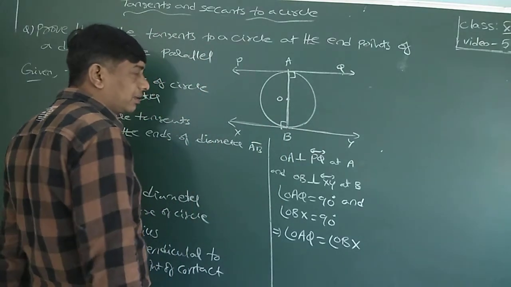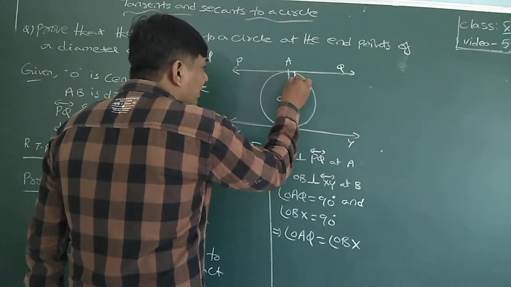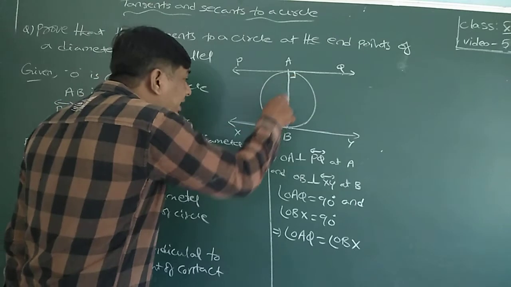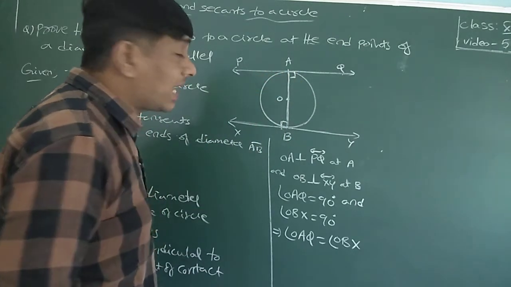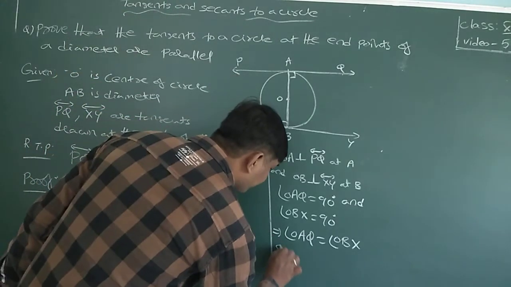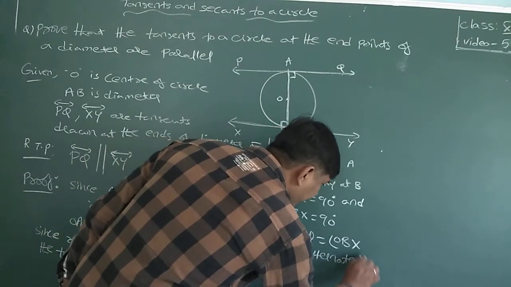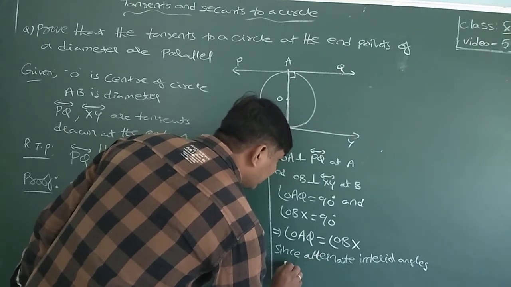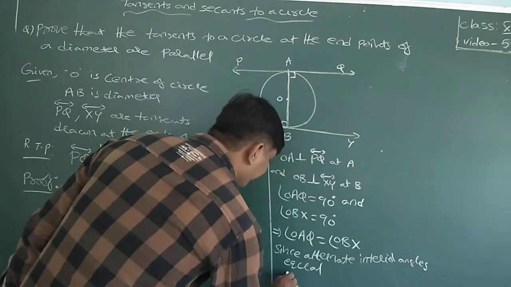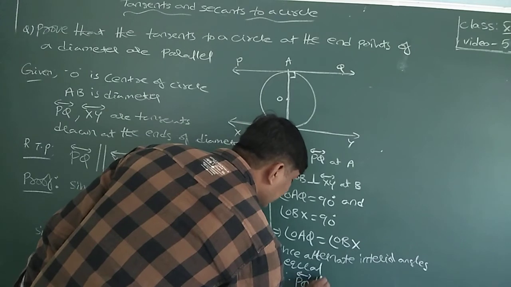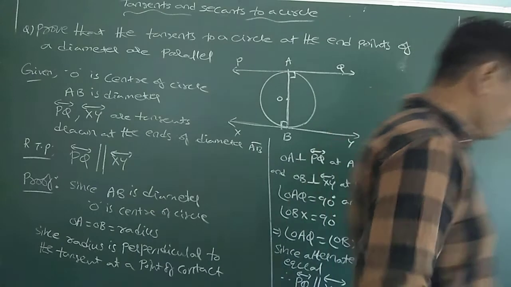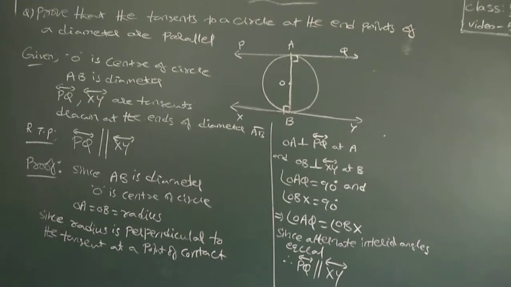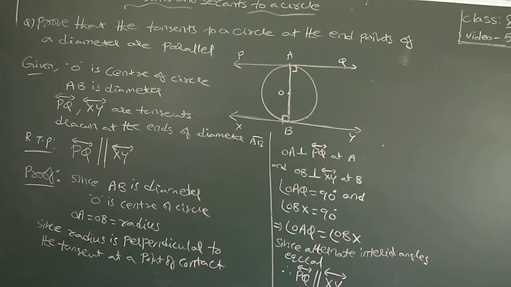Since on either sides of the transversal, between the lines PQ and XY, the angles are equal, that means alternate interior angles are equal. Therefore PQ is parallel to XY.